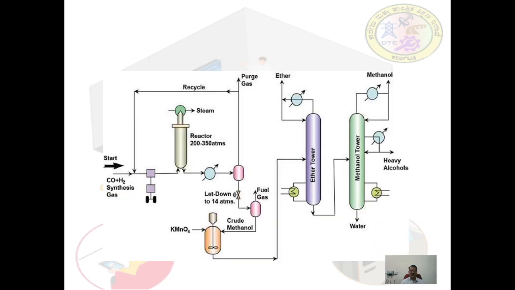This is the flow diagram which is used for production of methanol by synthesis gas. Here, the hydrogen and carbon monoxide are adjusted to a molar ratio of 2.25.